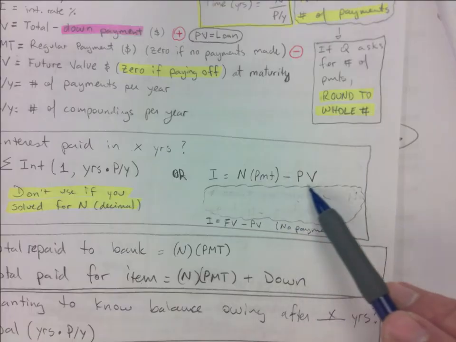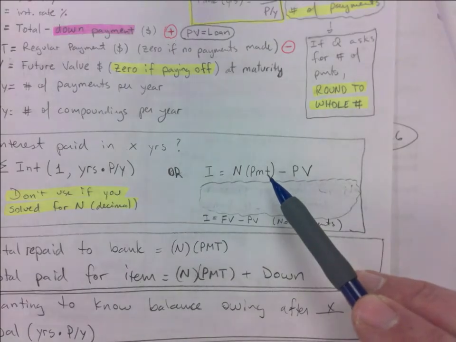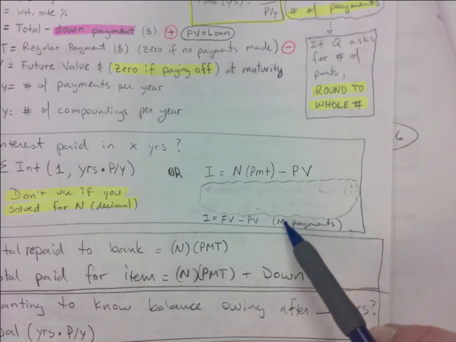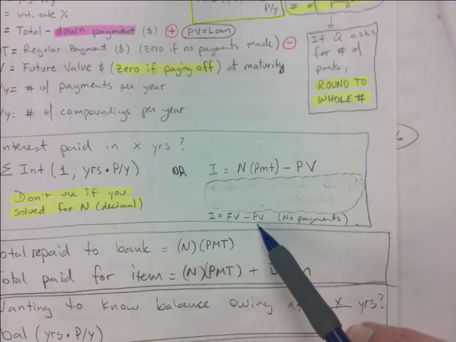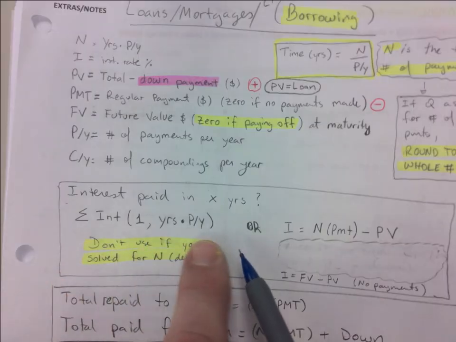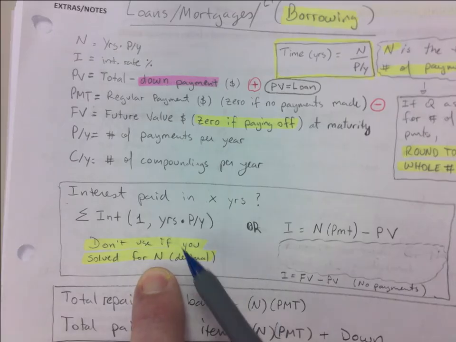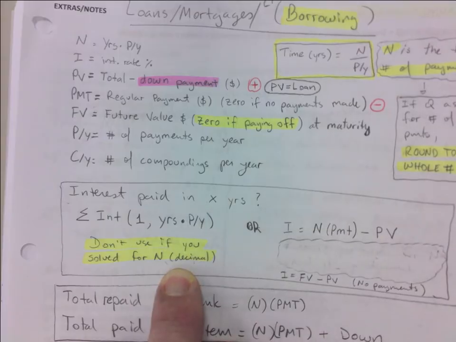You cannot use this one because it involves a regular payment. So I use this one here, and I do have a little note saying if there are no payments, use this version. However, if at all possible, use sum of interest. It's going to be much faster. But you cannot use it when n is a decimal. Then do not use this one. It's not going to give the accurate answer. Okay.